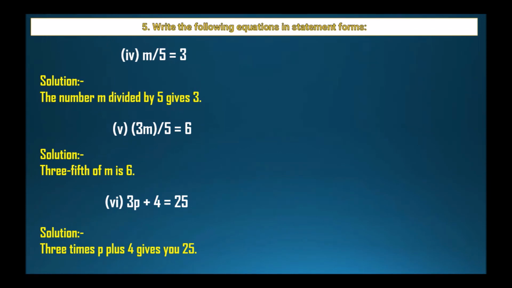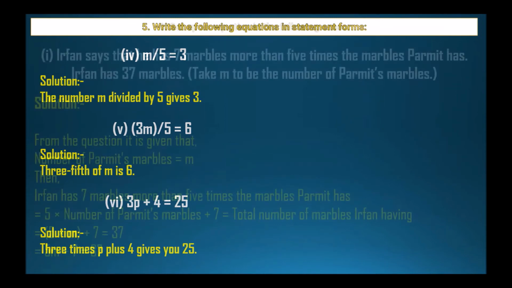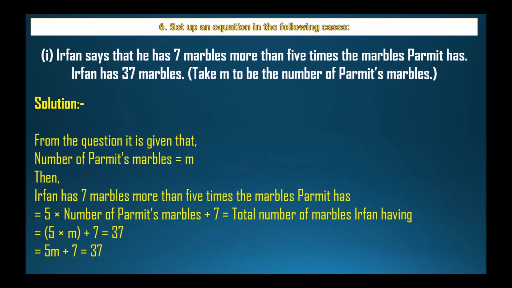Next question is, set up an equation in the following cases. Irfan says that he has 7 marbles more than 5 times the marbles Parmit has. Irfan has 37 marbles.